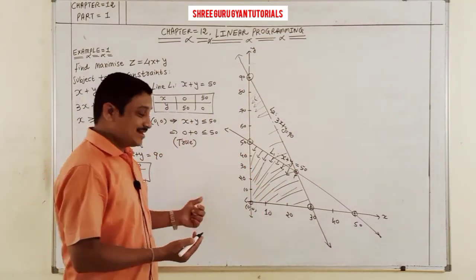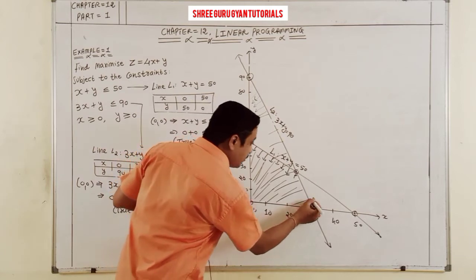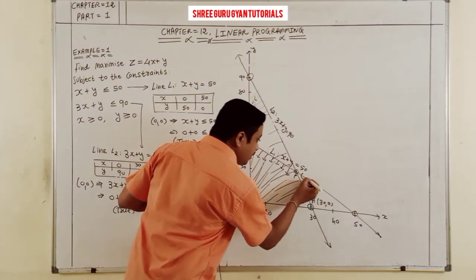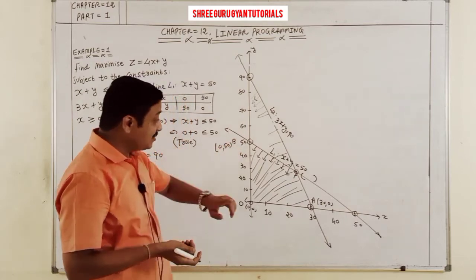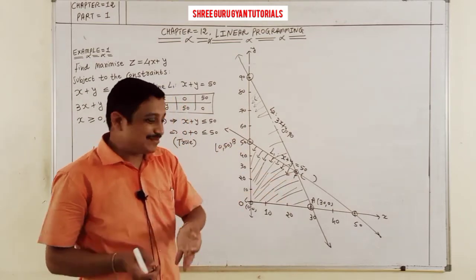Now label the points: O, that is A point, the P point, and B point. You can derive the P point by the elimination method.